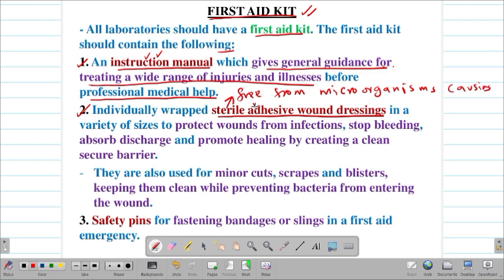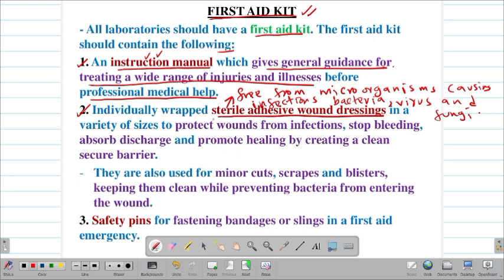The microorganisms that usually cause infections: one, we have the bacteria, we have the virus, and lastly, we have what we call the fungi. So that is what we mean by the word sterile.